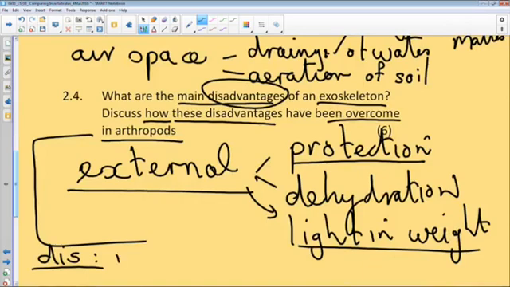These organisms need to molt, and you know that molting is the process of shedding the outer external covering. During molting, the process is energy expensive.